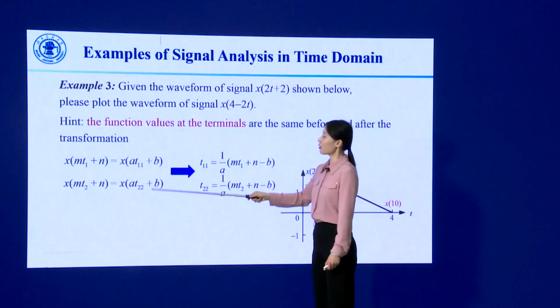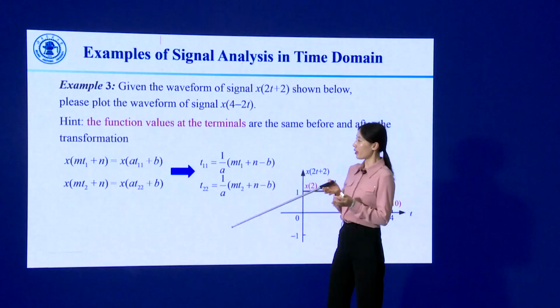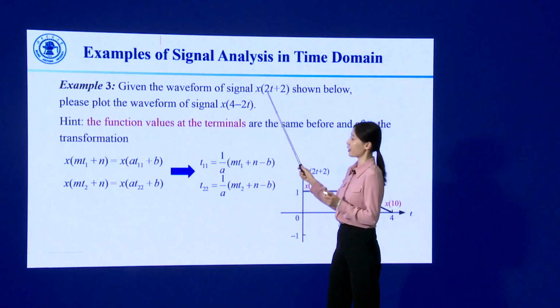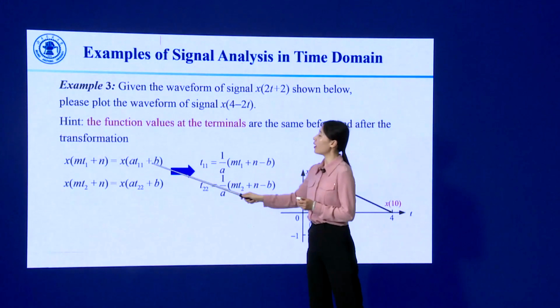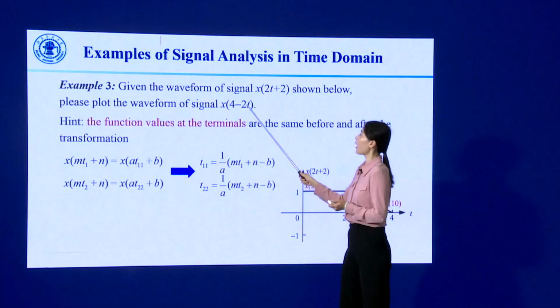In this equation, T1 and T2 are the terminal points for one signal, and T sub 11, T sub 22 are the new terminals for the other signal.